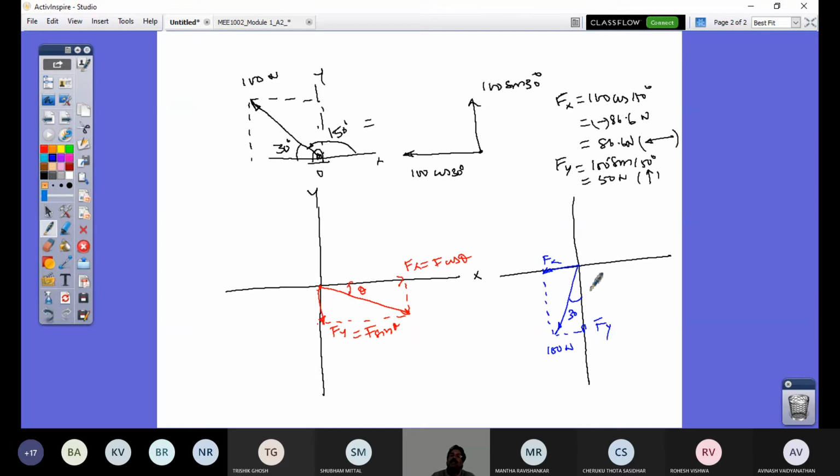Here students sometimes make a mistake. Some students think Fx always means F cos theta and Fy means F sin theta. Not so. You should be very careful. You have to see which axis the direction is given to. Since the direction of this force is given to the vertical, look at this right angle triangle in this rectangle construction. Fx is opposite to the angle, so it is sine of the angle. So 100 sine theta is Fx.